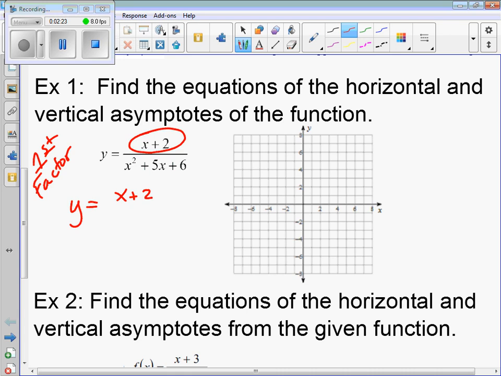The denominator, from practice last class, has a lead coefficient of 1. So you do 1 times what is 6 that'll add up to 5. Hopefully you're seeing 3 and 2. So you put 3 and 2, they're both positive, a way to get x squared with two binomials, x times x.